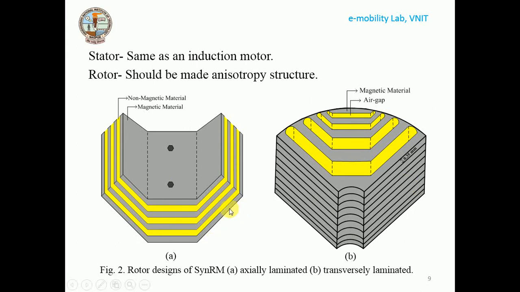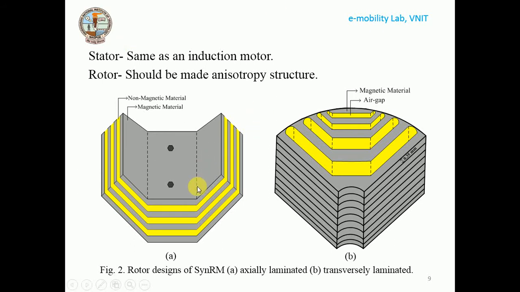The first one is called the axially laminated structure. You can see the iron and the non-magnetic material. The yellow color shows the non-magnetic material sandwiched together in an axial direction, and here it is bolted. This type of structure was popular in the 1920s and 1930s, and it gives you a high saliency ratio.